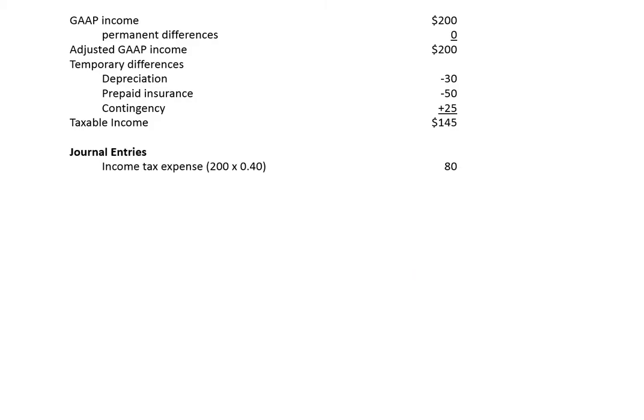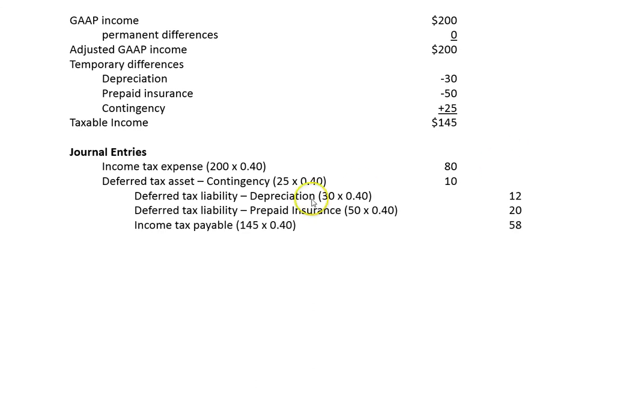The first part is income tax expense is simply adjusted GAAP income, $200 million, times the tax rate of 40%. That gives us $80 million in income tax expense. Our income tax liability, or our income tax payable, is $58 million.